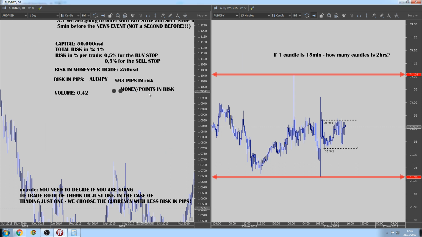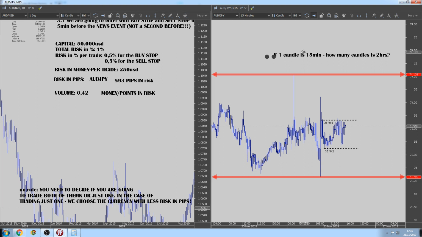And remember, this is a simple trading strategy. We are not going to calculate the spread, but this is the volume for how many points we're going to risk, 0.42, right?